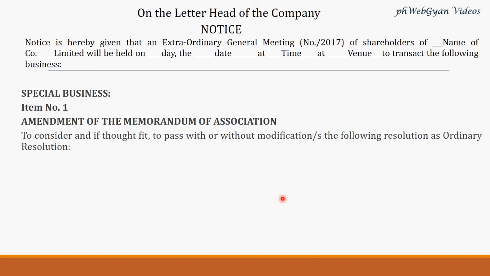Now whether the resolution is an ordinary resolution or a special resolution would again depend upon the respective section. So if I am talking about the amendment of memorandum of association, then you would say it would be a special resolution. But I am taking up this draft as amendment of MOA pursuant to the increase in authorized capital, so in that case it would become an ordinary resolution.